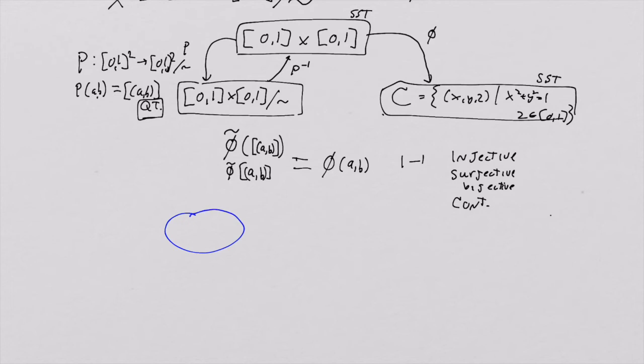So this is the set we called X. Well, we're now going to call that [0,1] squared. Then the map we called P, which is our quotient map, well, that's clearly the set we were calling Y, which is going to be [0,1] squared by the equivalence relation. Then we clearly have the set C, which is the cylinder.